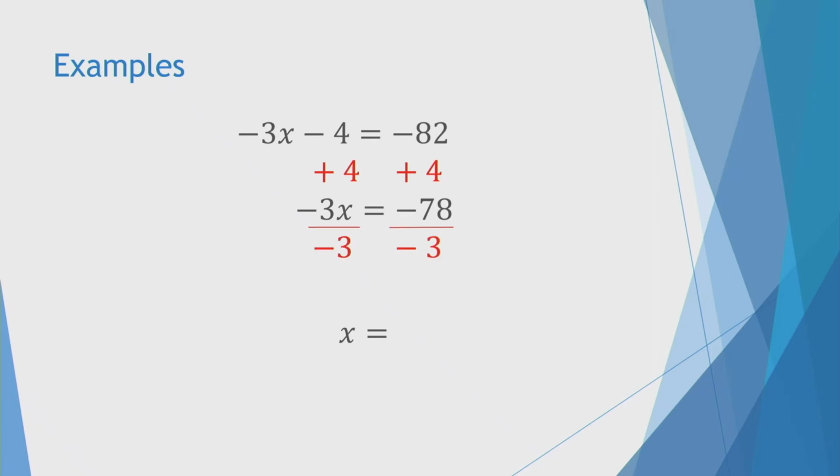Keep in mind that what we're doing to one side, we're doing to the other side in every step of the equation. So negative 3 divided by negative 3 is 1. We're left with 1x on the left side and 26 on the right side. So our solution is x equals 26.